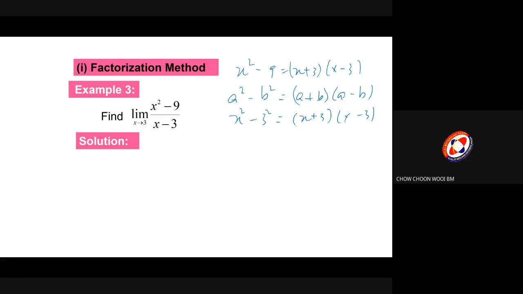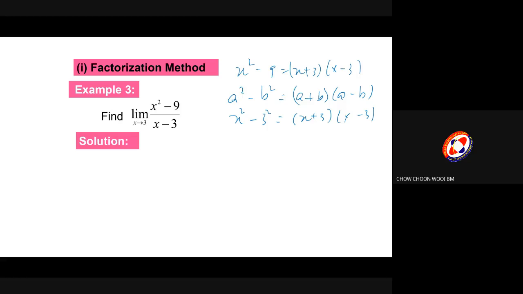Yang ini tak ada conjugate lah. So solutions. Ingat x squared minus 9, it can be factorized as x plus 3, x minus 3. Yang ini bagi siapa yang tak ingat lagi lah. Atau a squared minus b squared is equal to a plus b, a minus b. So x squared minus 9 is 3 squared, so dia akan jadi x plus 3, x minus 3.